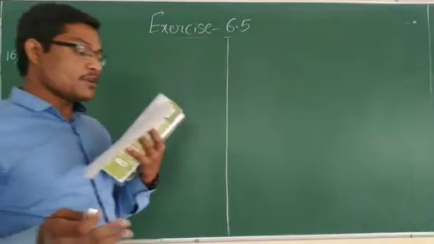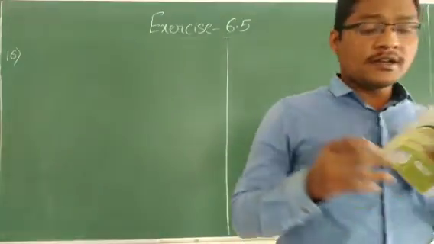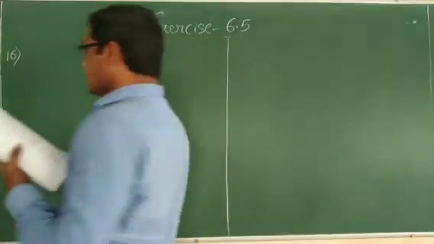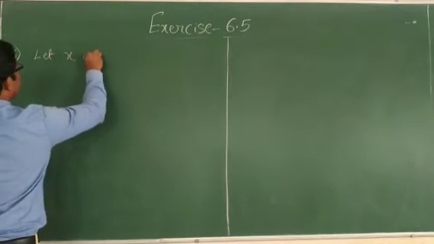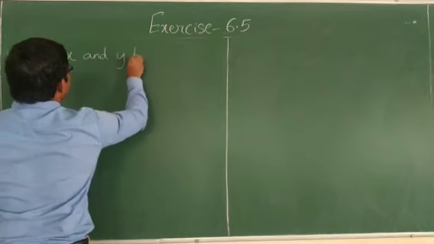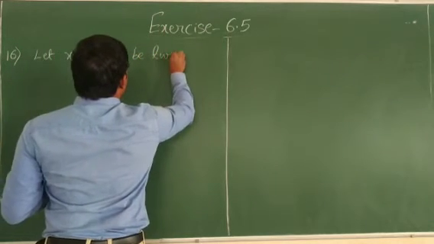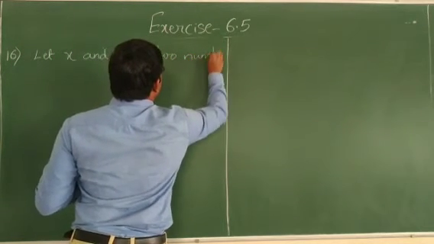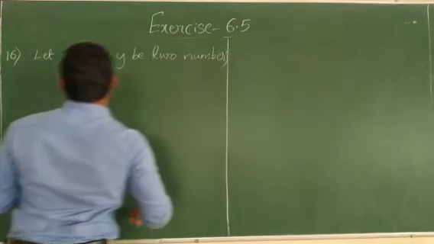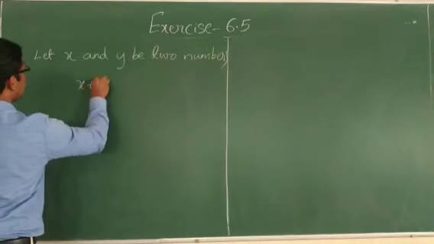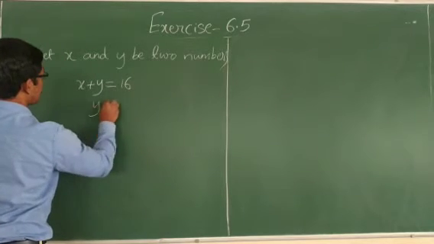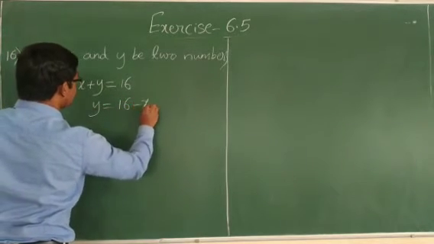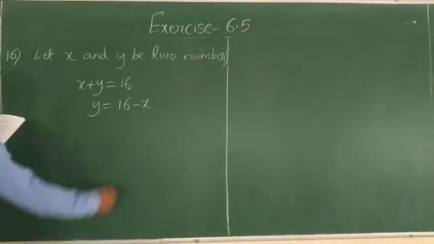Find two positive numbers whose sum is 16 and the sum of whose cubes is minimum. So consider, let x and y be two numbers. Then we get x plus y is equal to 16, so y is equal to 16 minus x.